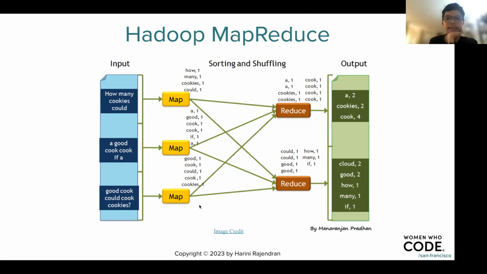And then these are the intermediate results, which are stored on disk. Then for the reduce job, the data gets sharded. Let's say the word cook is present in the second mapper and in the third mapper, and the word cookies is present in the first mapper and the last mapper. A subset of the keys would go to different reduce jobs.